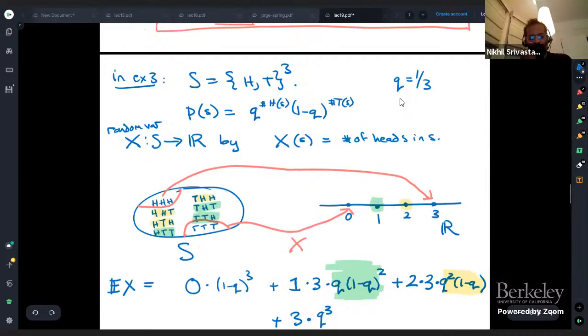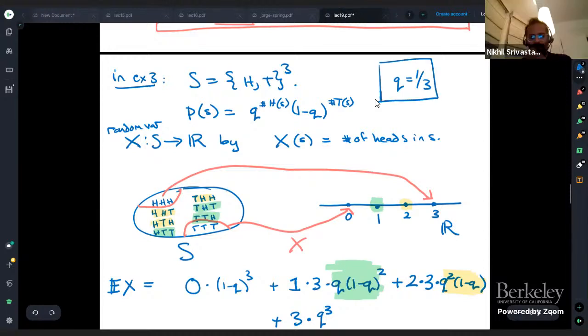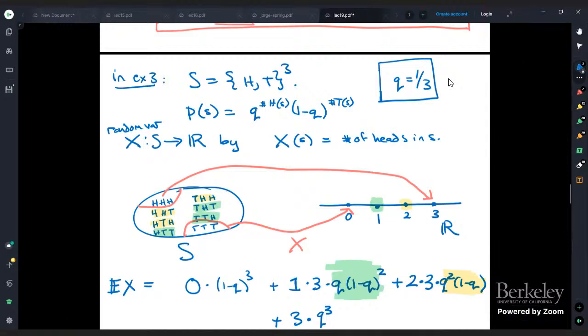Just to look at another extreme example, suppose Q was 1. Then what is the expectation of X? Q equals 1 means that the probability of each coin being heads is 1. So what's the outcome going to be in that case? I think it would be 3.